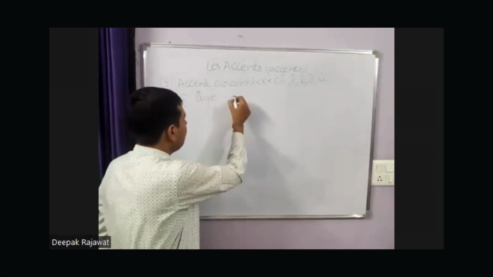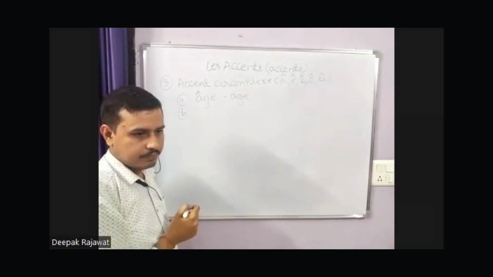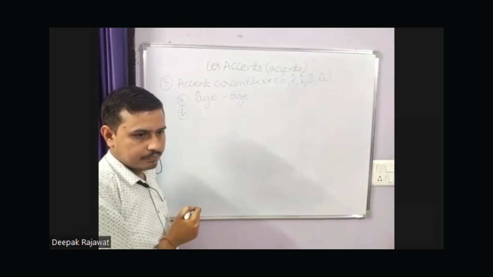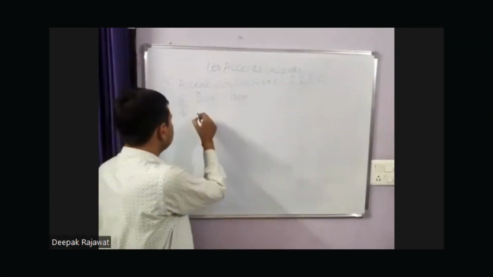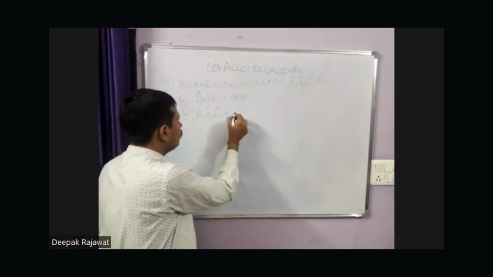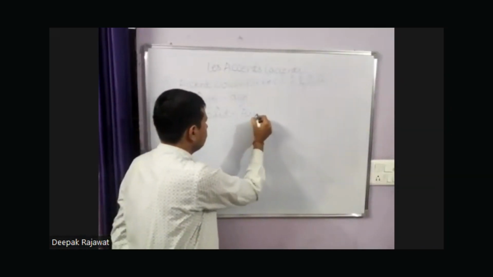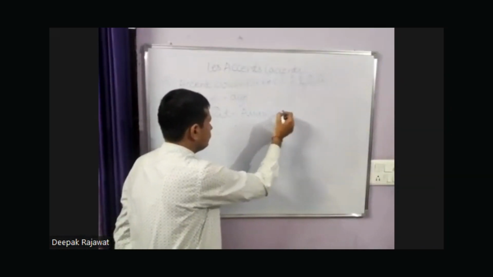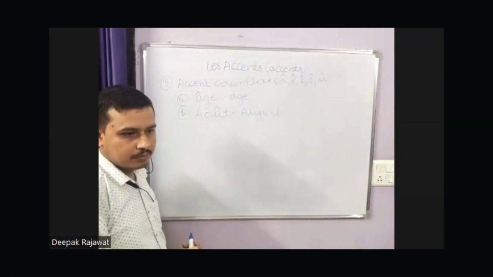Âge is age. Août. Août is August. This is the name of a month.